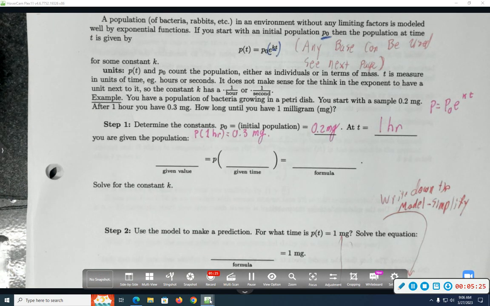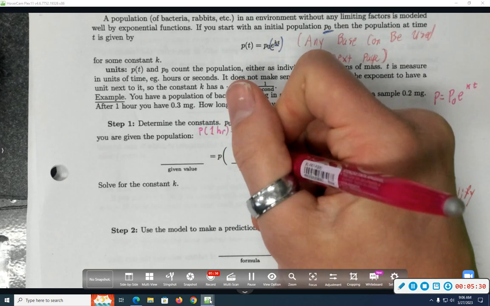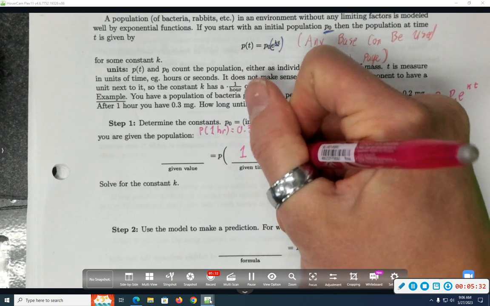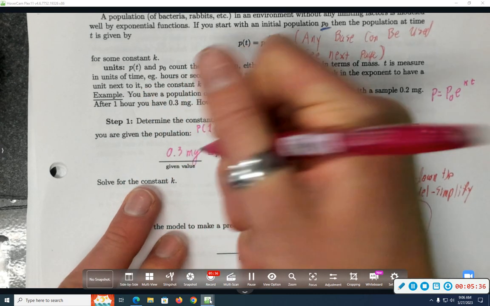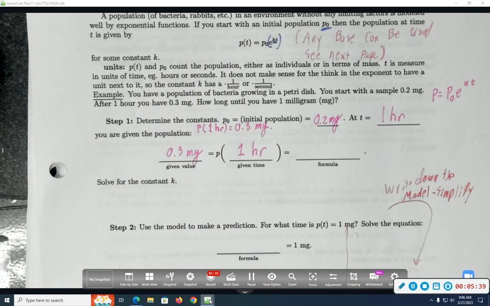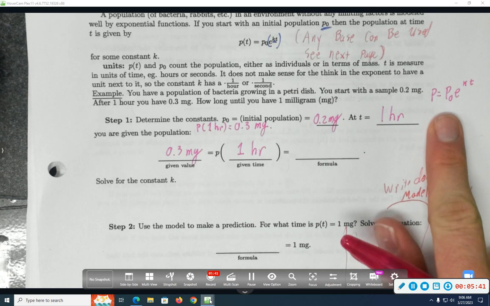All right. So let's use that. I know that at time 1 hour, the population is 0.3 milligrams. But I also have this model that I can use.